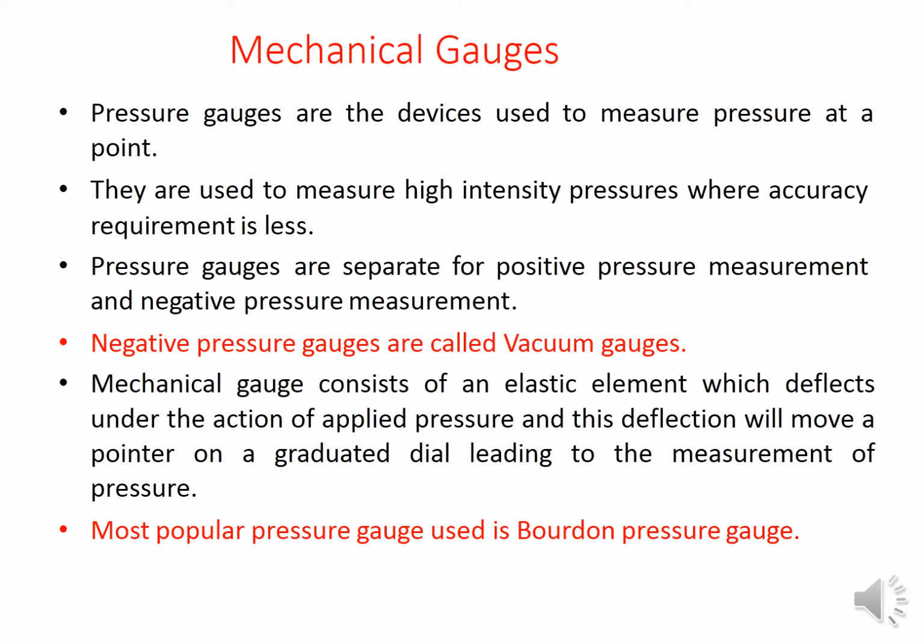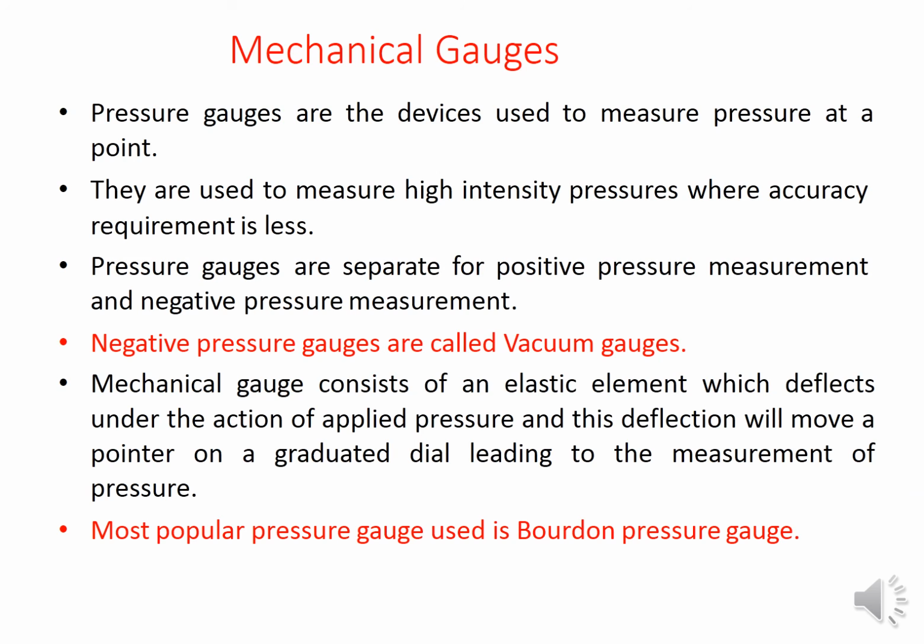Negative pressure gauges are called vacuum gauges. Mechanical gauges consist of an elastic element which deflects under the action of applied pressure, and the deflection moves a pointer on a graduated dial, leading to the measurement of pressure. You have seen this mechanical gauge in garages while checking the pressure in your bike tires.